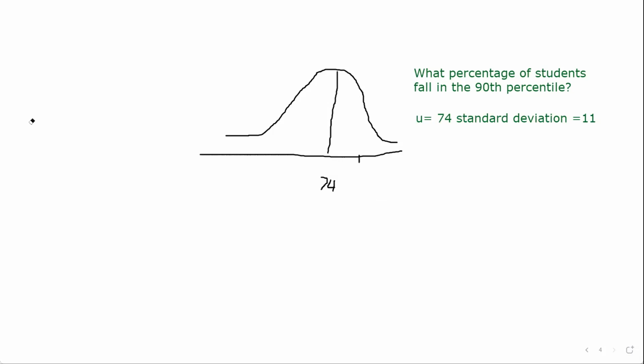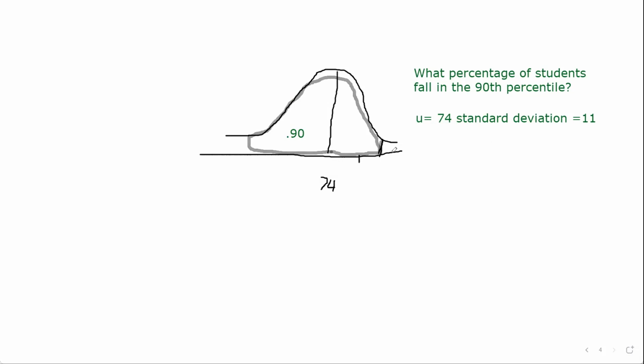So I'm looking at this point here, 90, right there. This is the 90th percentile. That means that 90% of the students are below me. Don't think it's just the left side, it's the whole piece, this whole portion here. So this whole thing is 90.